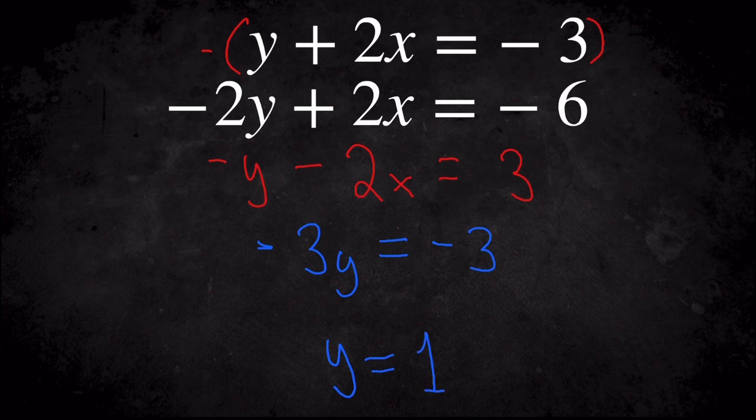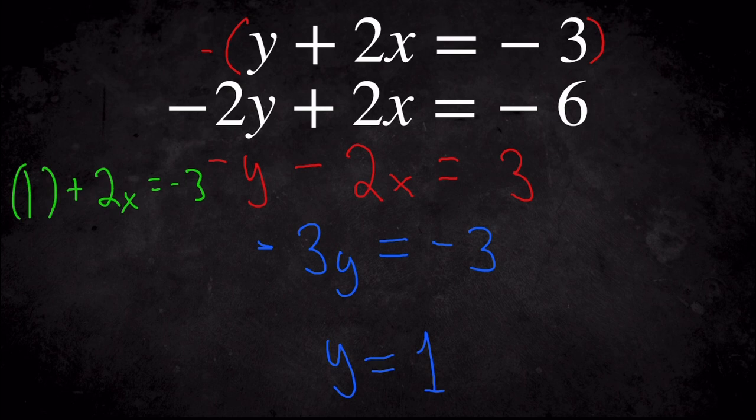Then now we substitute. Instead of substituting with this equation, I'm going to do it here, in the original top equation. So that would be 1 plus 2x equals negative 3.